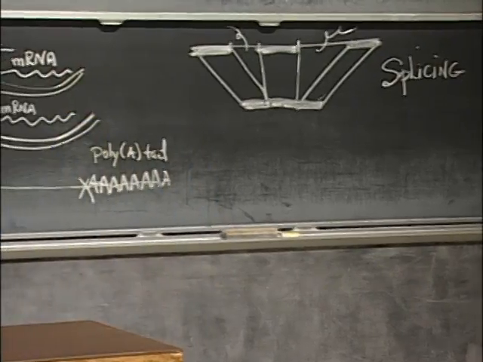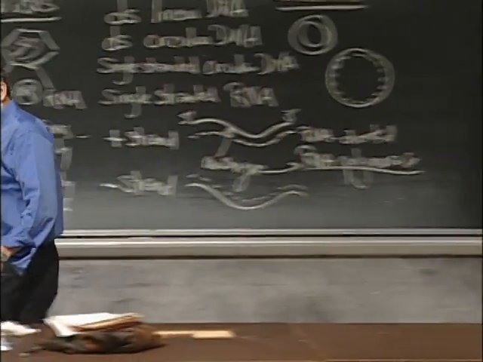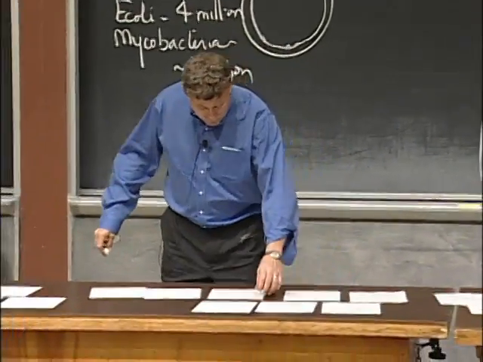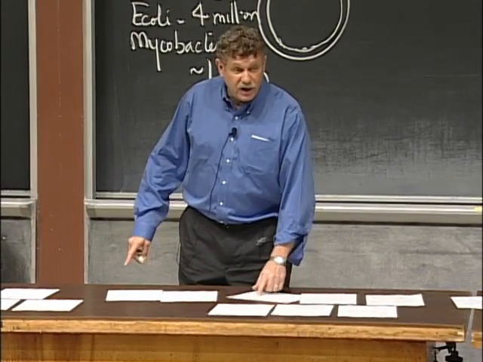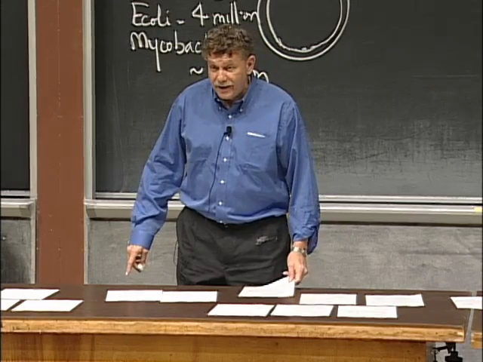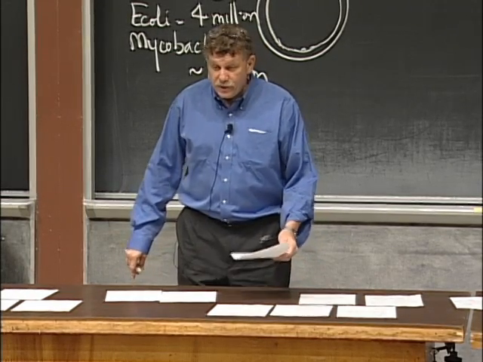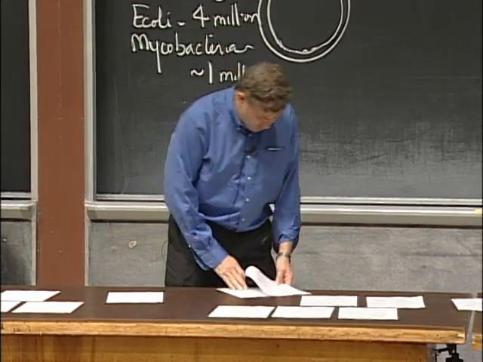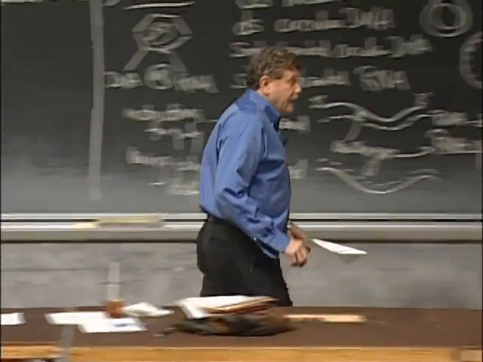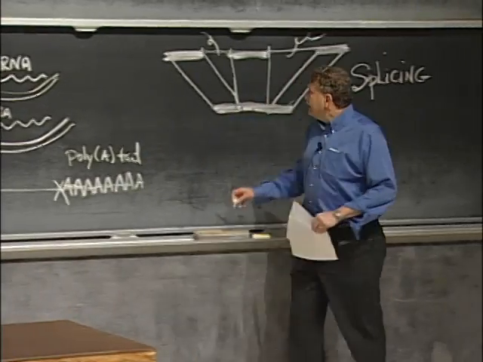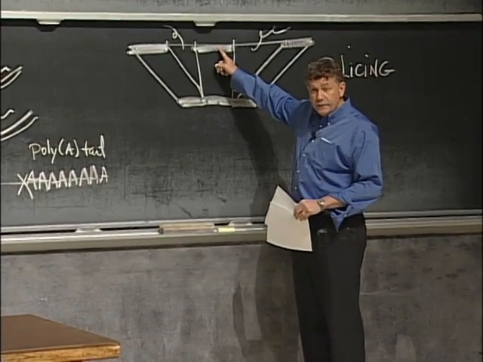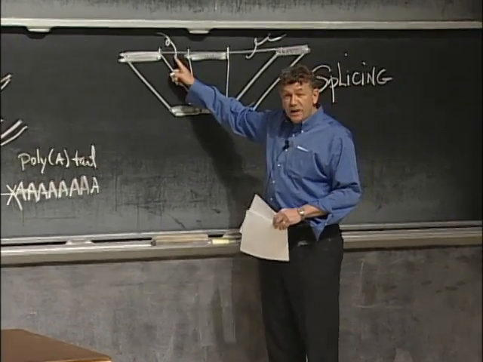Now, Phil Sharp, who was on the faculty here at MIT, won a Nobel Prize some years ago for his discovery, together with someone else, of the phenomenon of splicing. So Phil is really cool. You should talk to Phil. This splicing involves leaving some things in and excising other things.